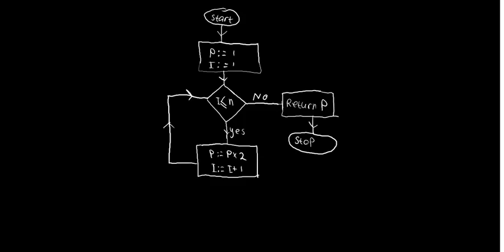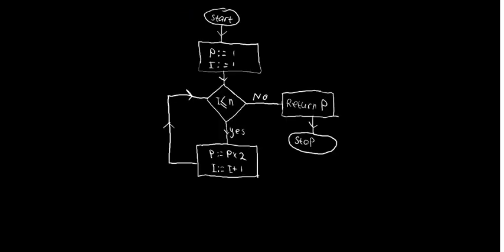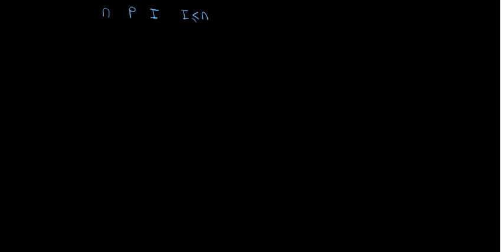Then we're also going to list our conditions. So n, p, I, then I less than n. So we're going to say I less than or equal to n. What else? Our operations here, these two operations: p times 2, then I plus 1.